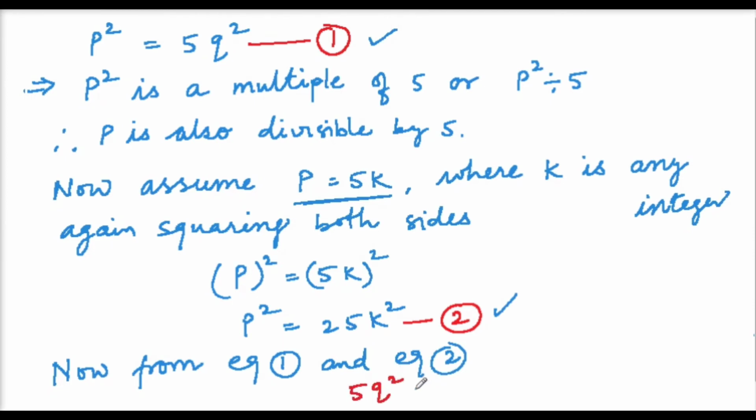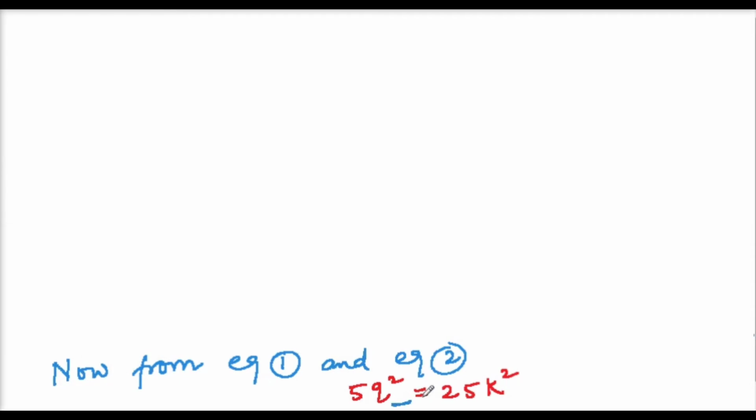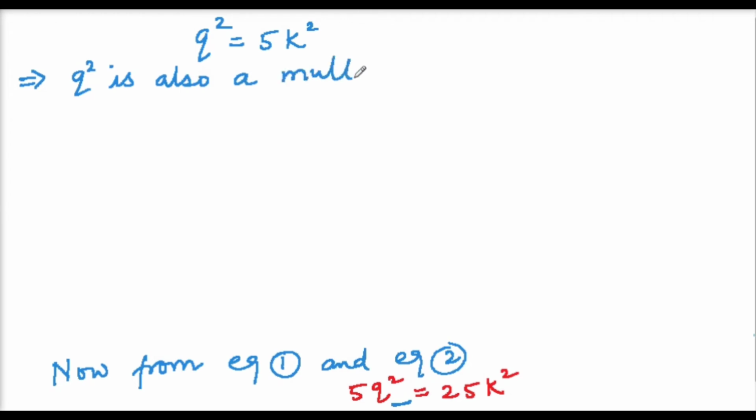5q square equals 25k square. It implies q square equals 5k square. It implies that q square is also a multiple of 5.